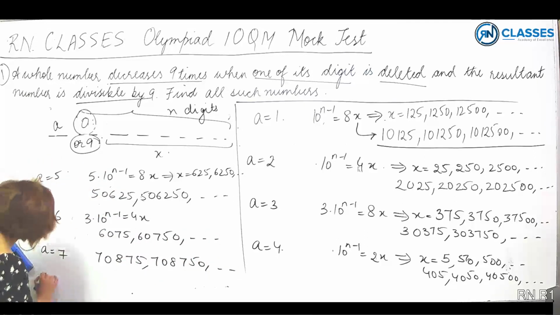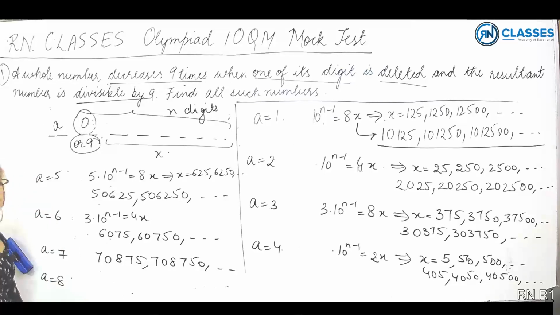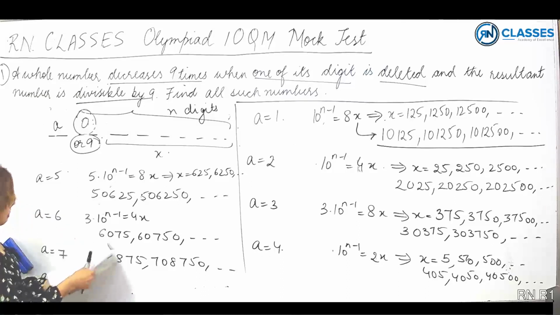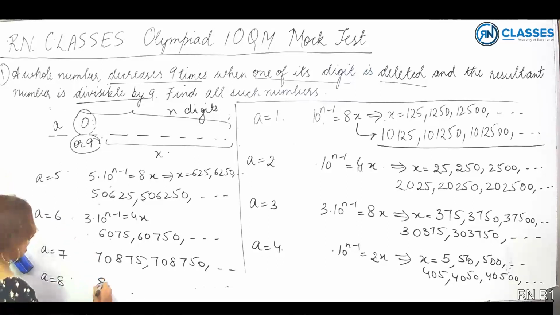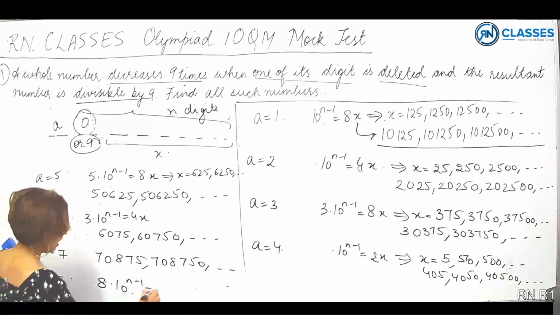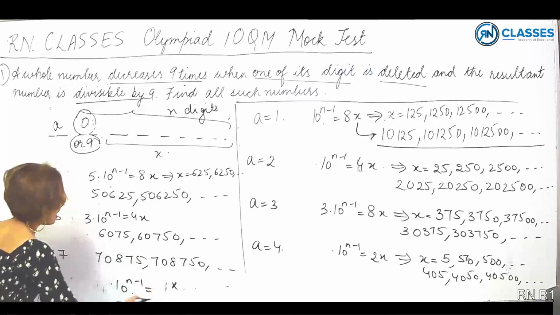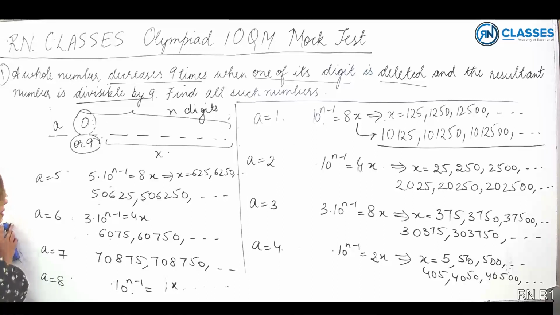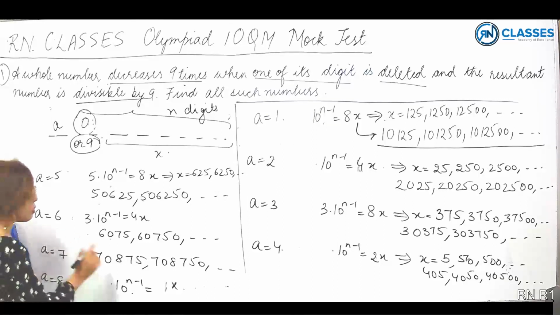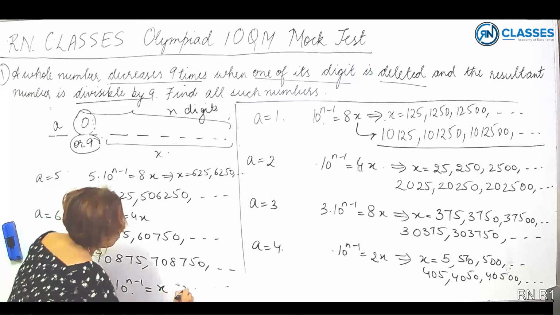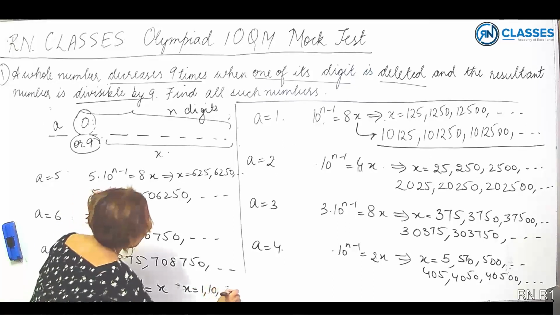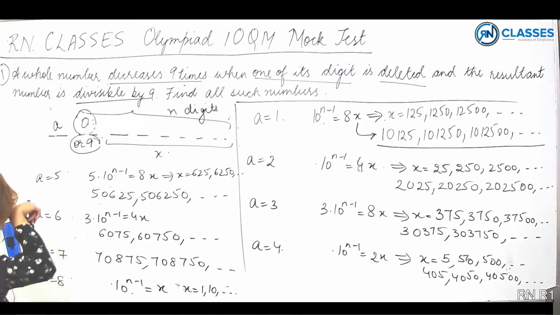Now we come to a is equal to 8. What happens here? When I am putting a is equal to 8, my equation was this: 8 into 10 raised to n minus 1 equal to 8x. This and this get cancelled. So x की possible values 1 से start हो जाएंगे. So 1, 10, and so on. 1 वाला तो होगा नहीं, but चलो, we'll see.